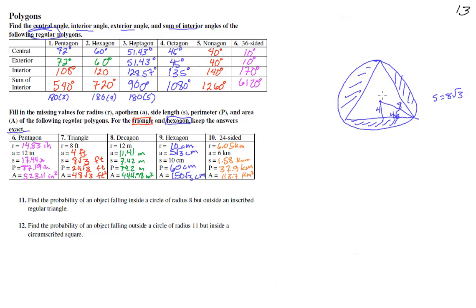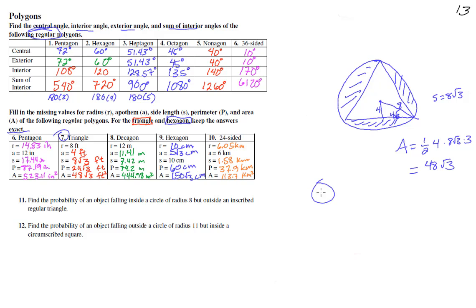So the area of this triangle is going to be 1/2 times 4 times 8 square roots of 3 times 3. Oh hey, we just did this in problem number 7 right up here. Look, we got the same thing. 24 times 2, that's 48 square roots of 3. That's the area of the triangle.